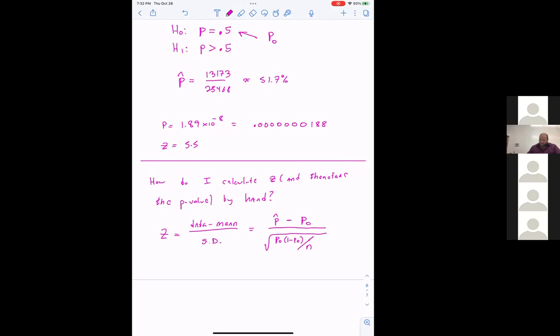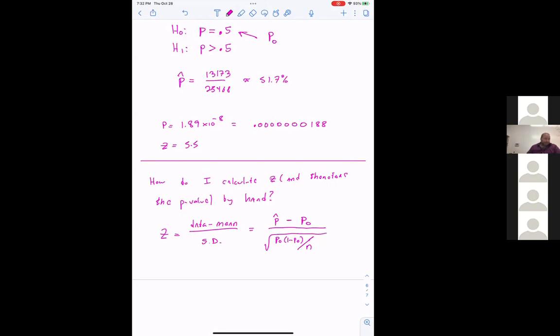Just divide the whole thing by 100. Taking the number and dividing by 100 is how to convert a percent to a decimal. That's correct. And if you do it, you get 5.5.